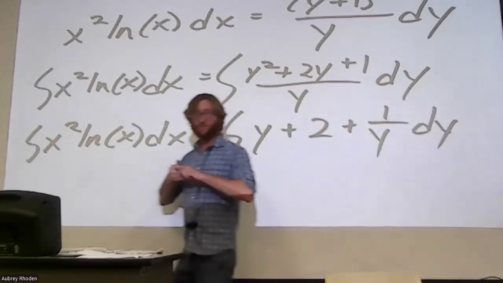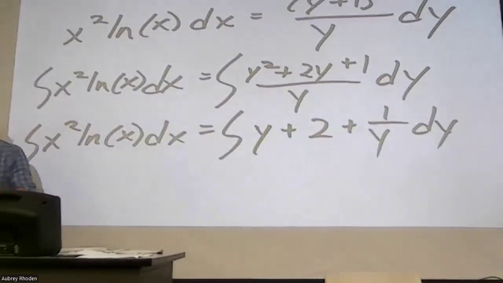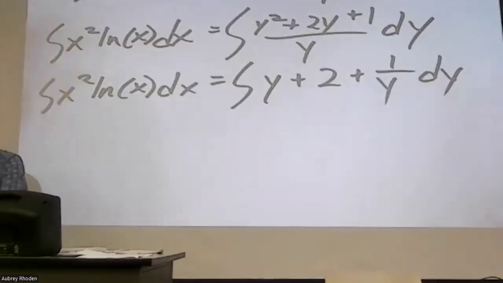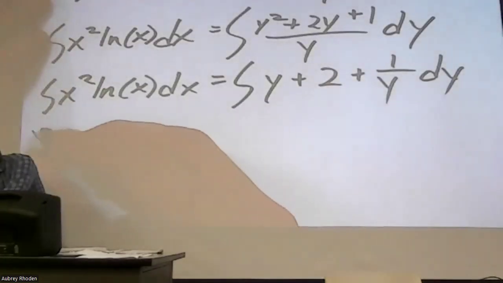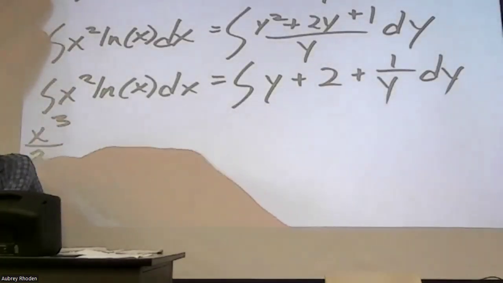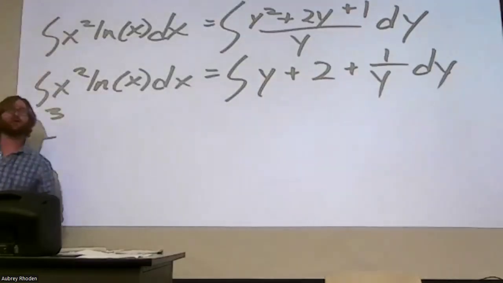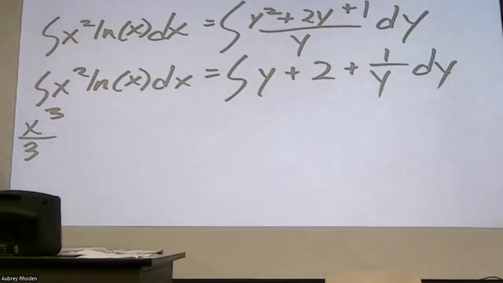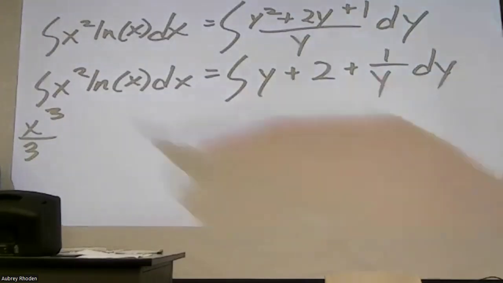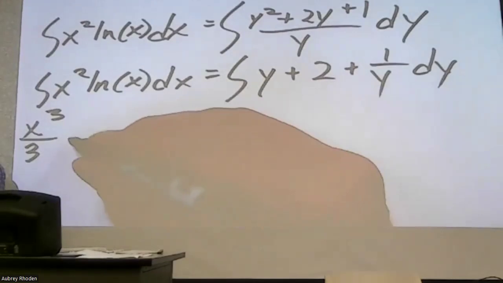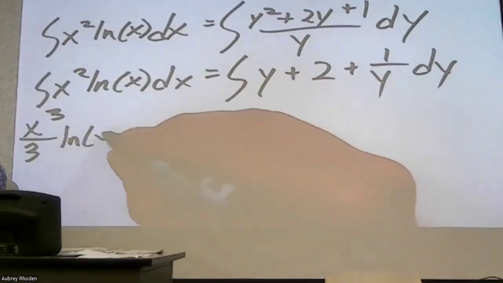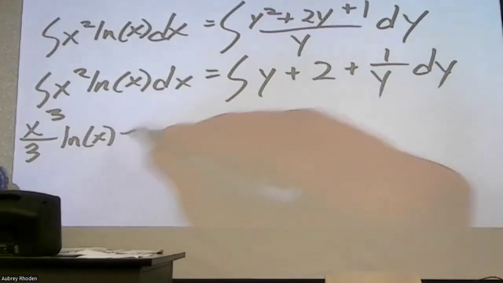So if I integrate x squared, the integral of x squared is x cubed divided by 3. Okay. And then multiplied by the natural log of x. And then minus the integral.